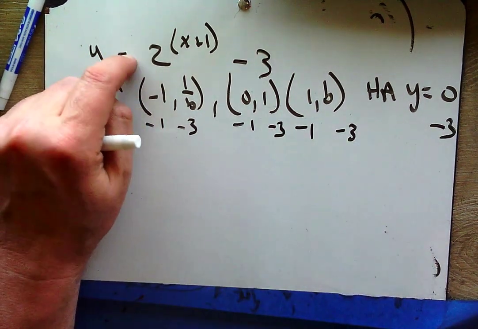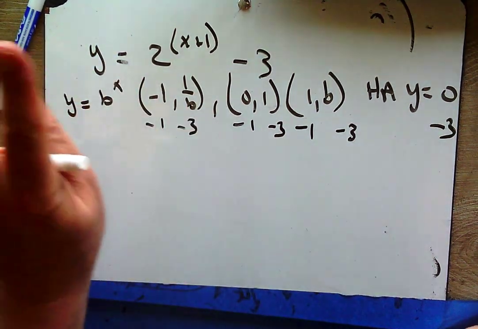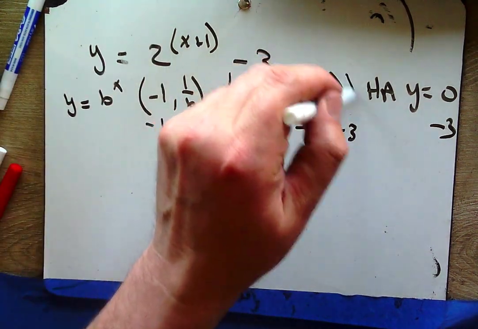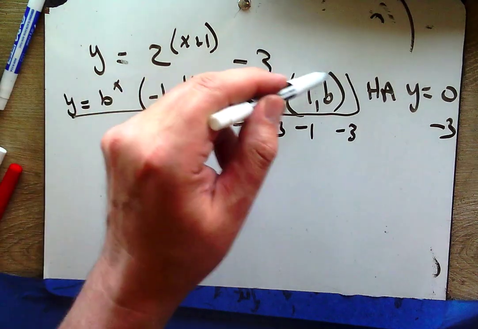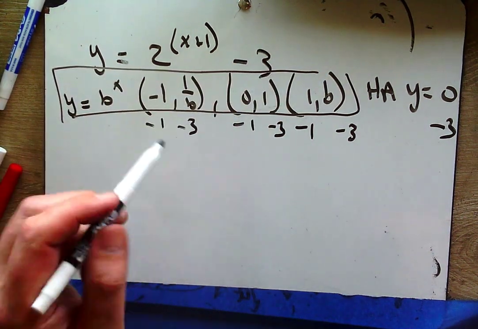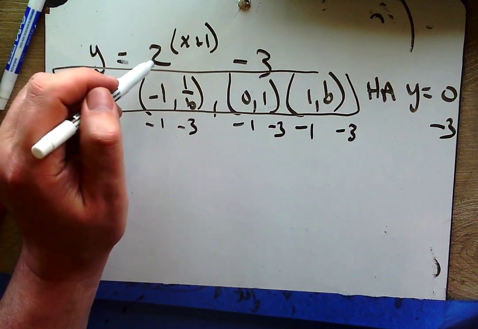What about this 2, Mr. Kukla? Yeah, nothing whatsoever. Not doing anything with it. The only thing I'm doing with it is getting these points. These are the points that go with this function.